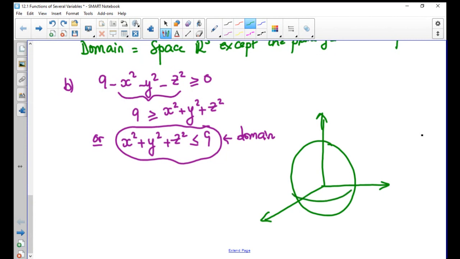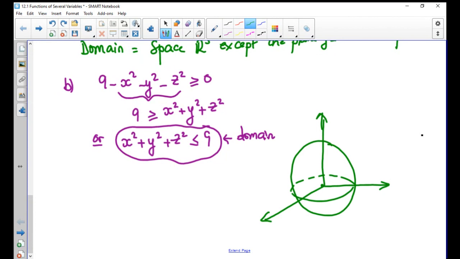Less than or equal to 9, where are the points which are less than or equal to 9? It's inside the sphere. Basically, equal to 9 is exactly the sphere. Less than or equal to 9 is inside the sphere.